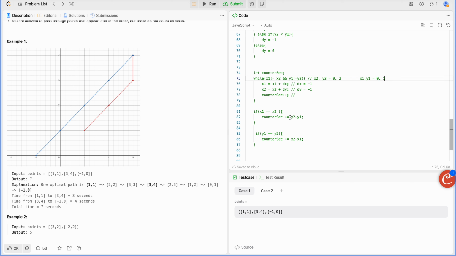So in this case, if one of these is already equal, if x1 is equal to x2, then counter second will be equal to y2 minus y1. What I can do is use abs, because sometimes it might be negative or positive, right?